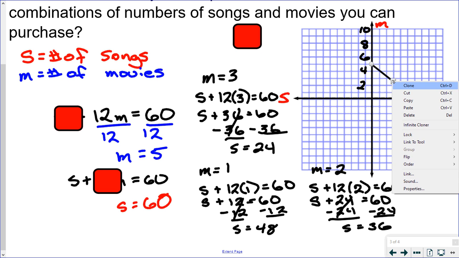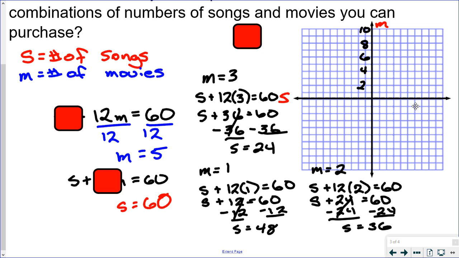So there's a trick I should have used the first time. Delete the line. All right, since this is $12 per movie, it would make sense to count by a multiple of 12 on here, and I'll show you why.